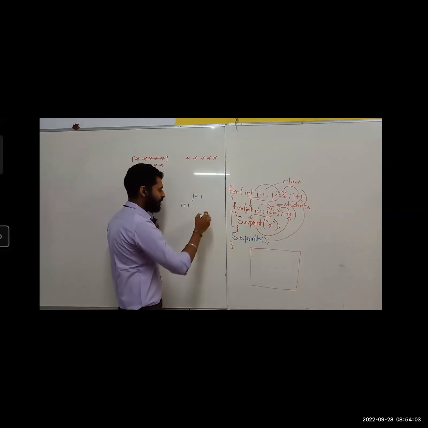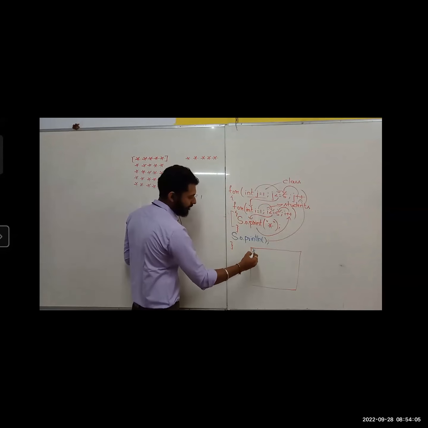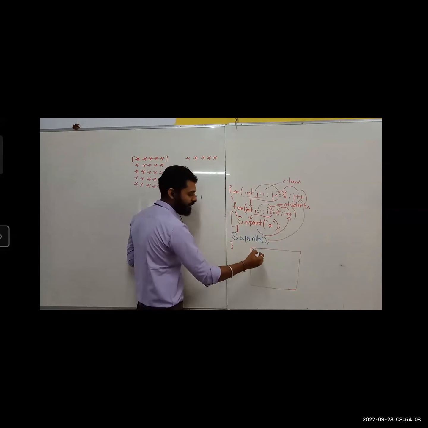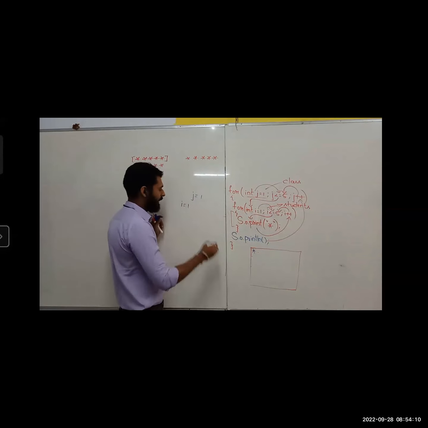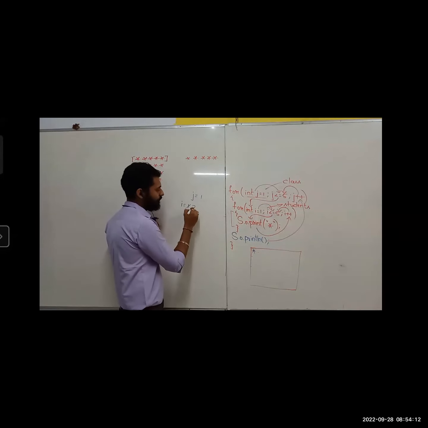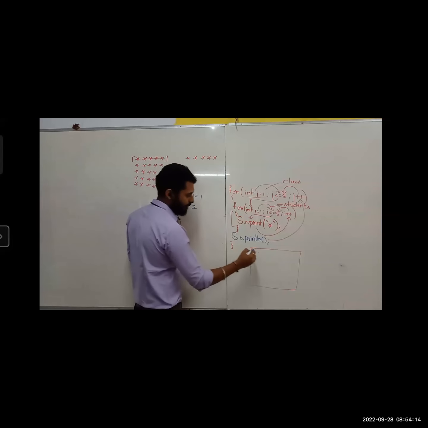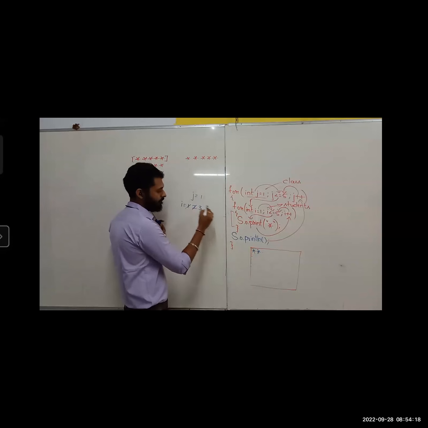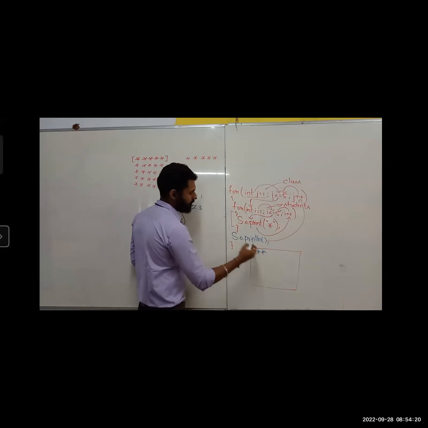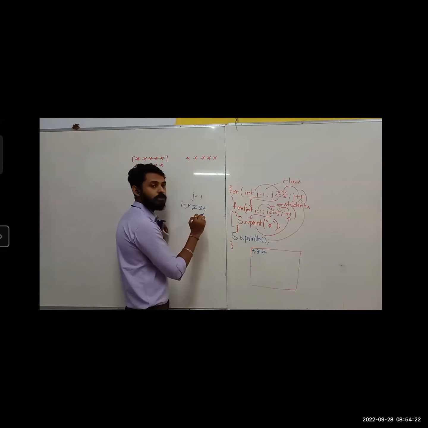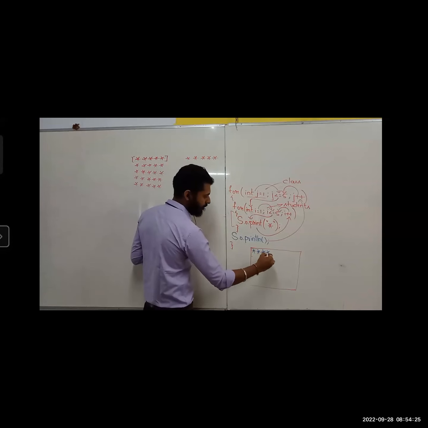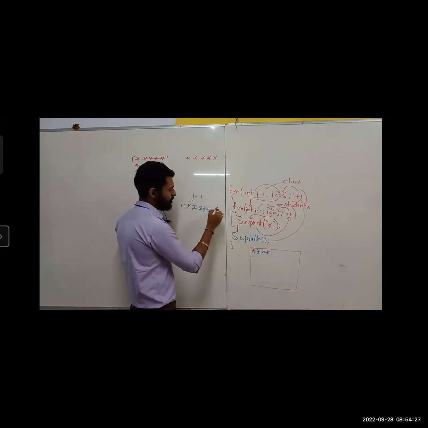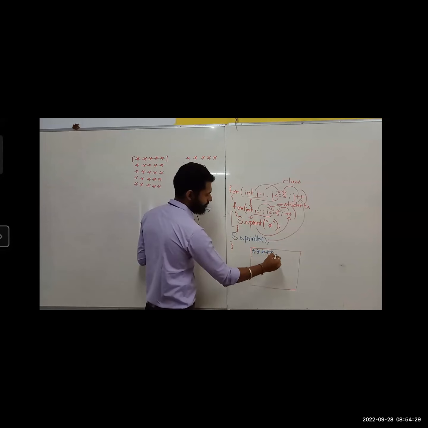Come inside, print once, and go to the next position in the same line. Next, i value will become 2, less than or equal to 5. 3, true, star. 4, true or false? True. 5, true. 6.